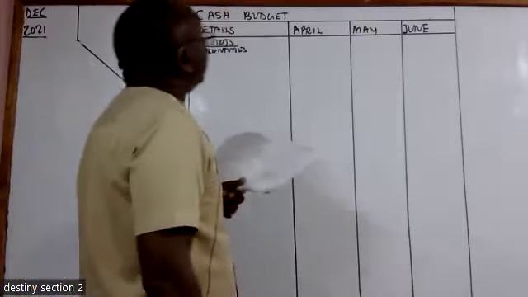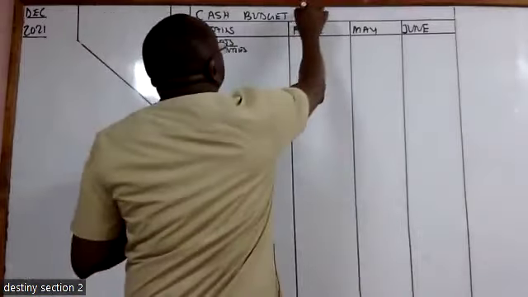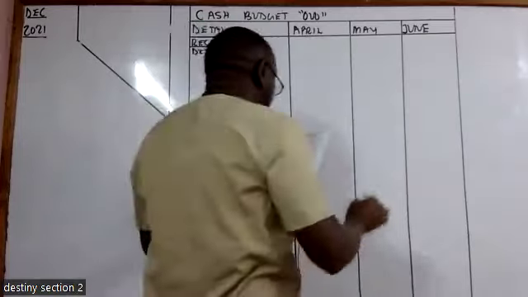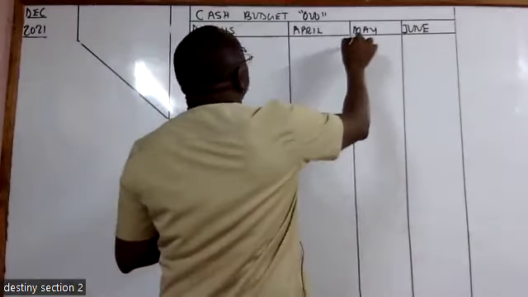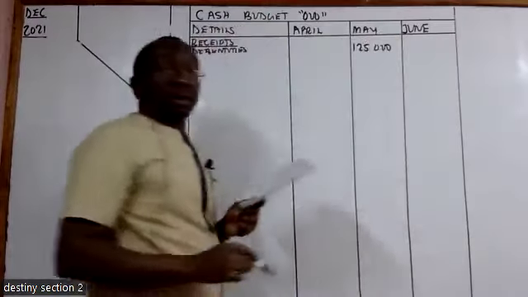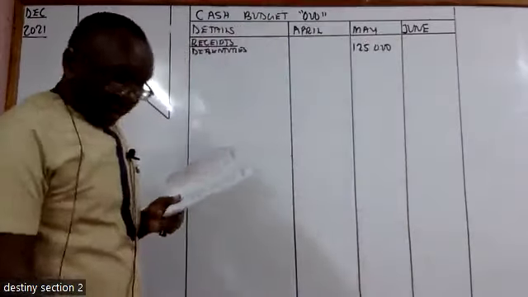Because these figures are in thousands, our cash budget is in thousands. So debentures in May will be 125,000.